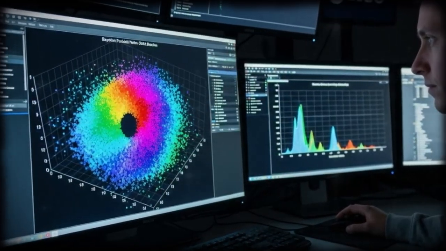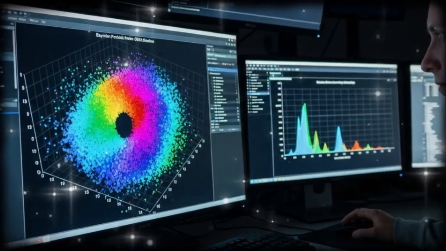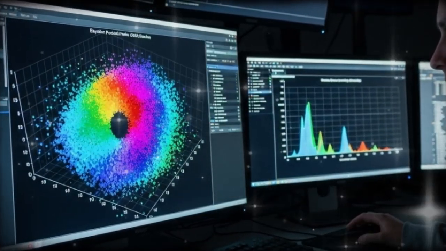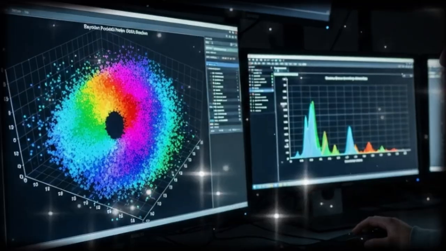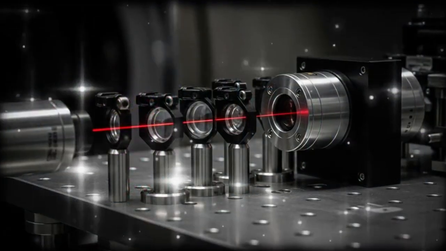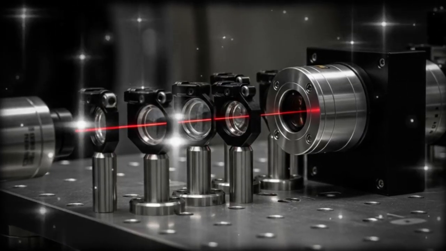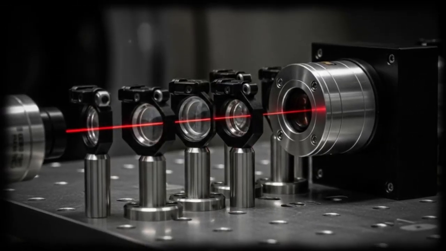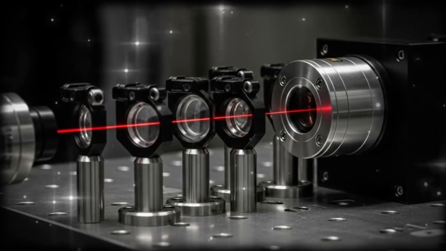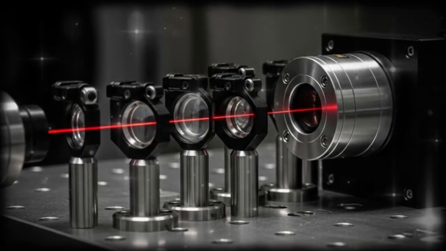When the LIGO collaboration announced the detection of GW15914 in February 2016, the simultaneous announcement of what the signal represented was equally significant. The waveform matched the predictions of general relativity to extraordinary precision. This was not merely a confirmation that gravitational waves exist.